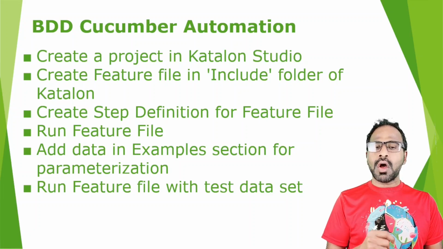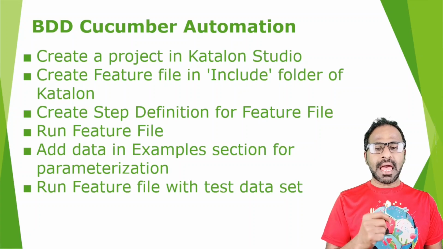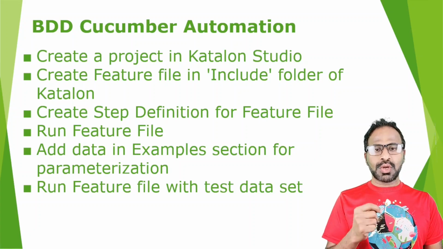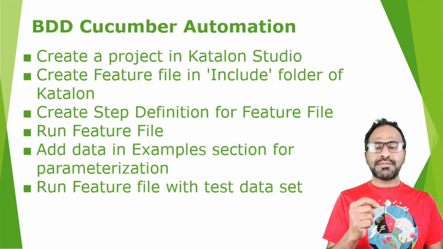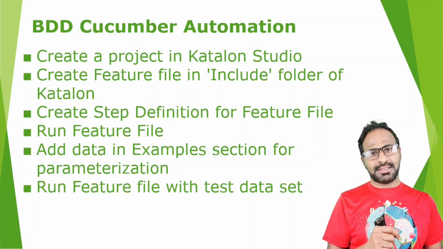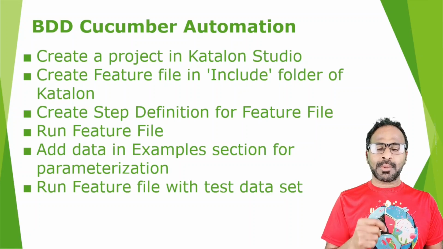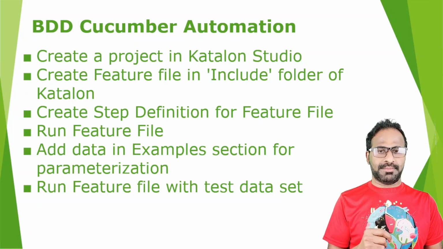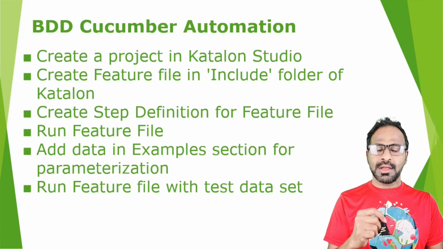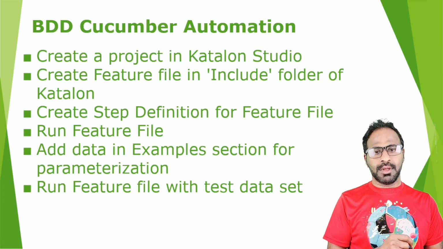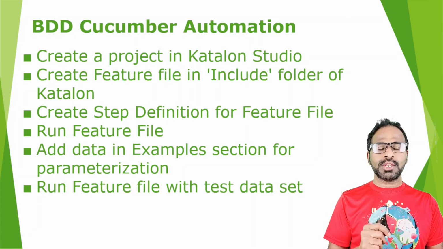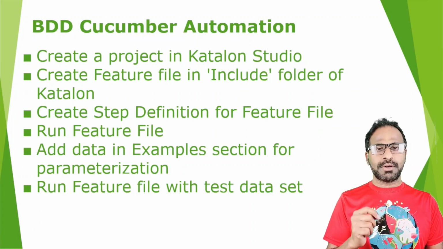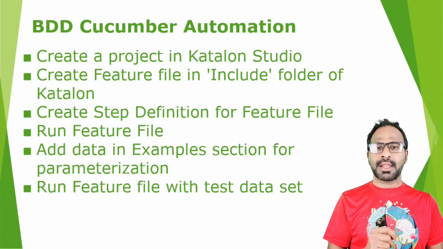And also I'm going to give a simple example: how can we parameterize your feature file with different test data sets? And then I'm going to show you how we can run the parameterized feature file by using Katalon Studio. Now let's jump onto the system and learn how you can create a BDD Cucumber framework by using Katalon Studio.